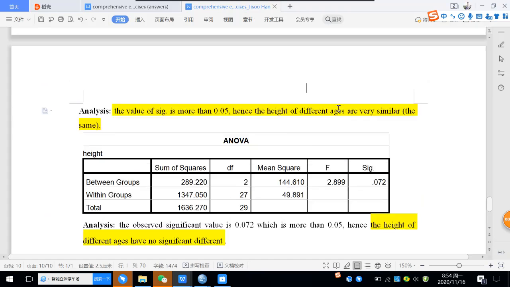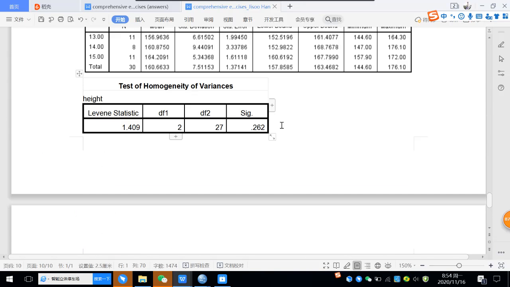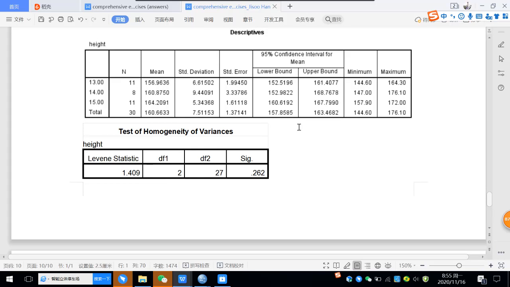Okay, here is the answers for the question 3. Hope you can understand.